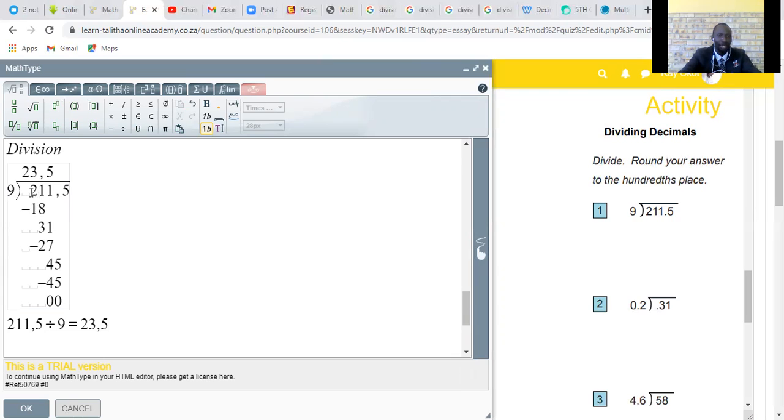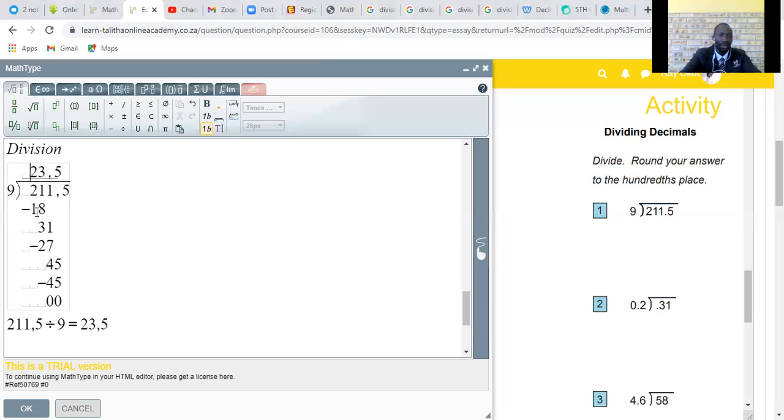The first thing is if we take these first two, we see that 21 can allow 9 to go into it. In other words, 9 can go into 21 2 times. And this is where we get the 2. Now, 2 times 9 is 18.